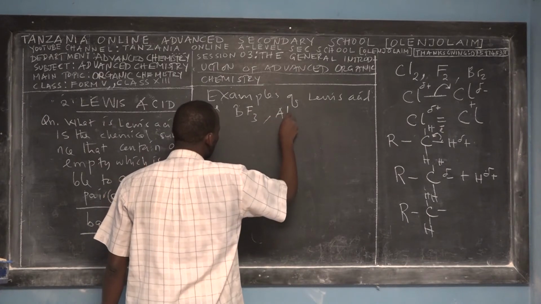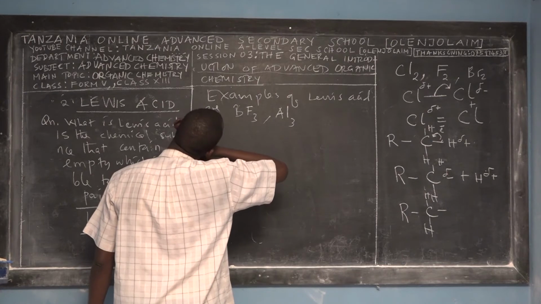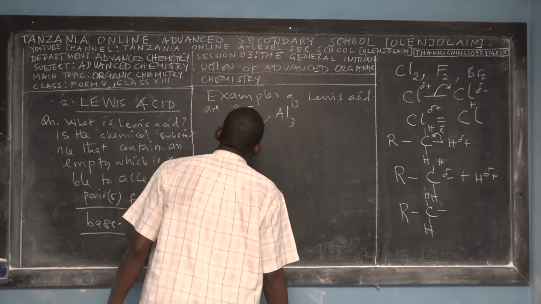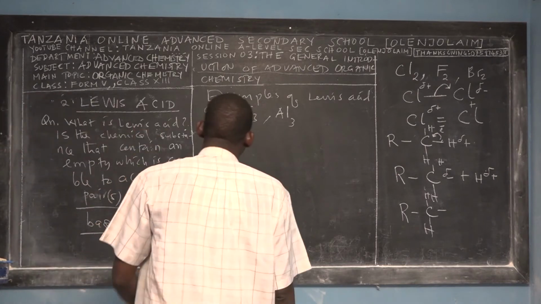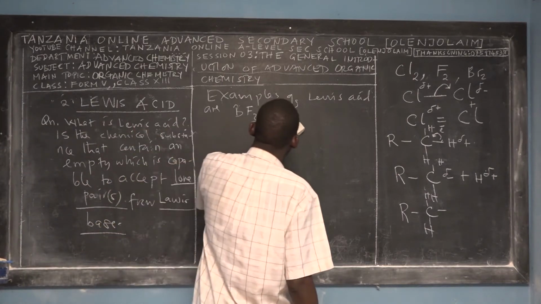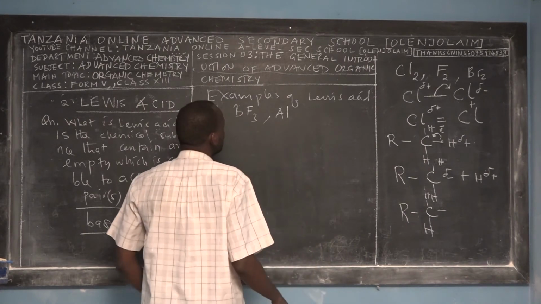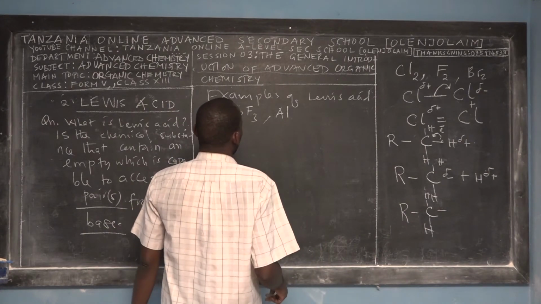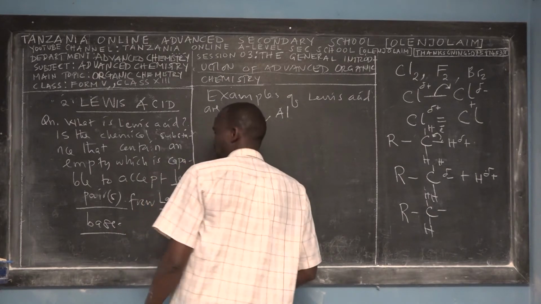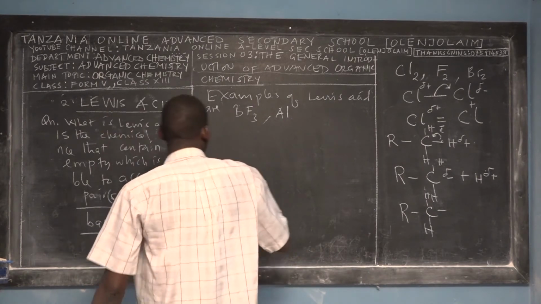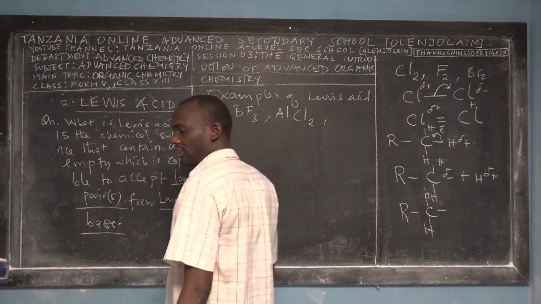The other one is aluminium trichloride, because you have aluminium chloride, aluminium trichloride, aluminium pentachloride. So here we have aluminium, and then another atom, which is chlorine.